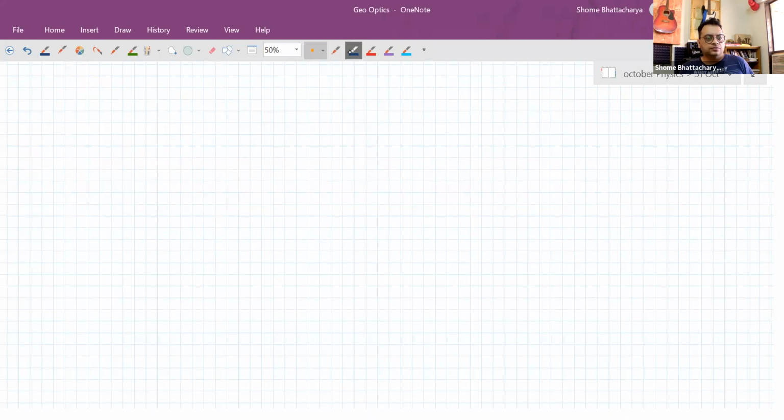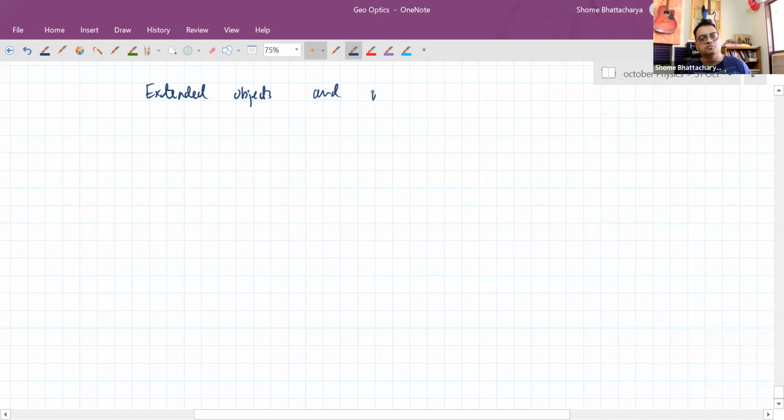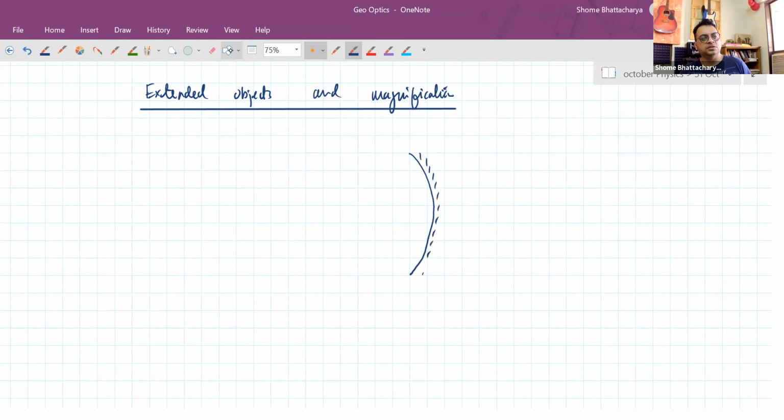Okay, so with this now, we'll understand the concept of extended objects and magnification. Whether we are dealing with convex or concave, the method will be the same.